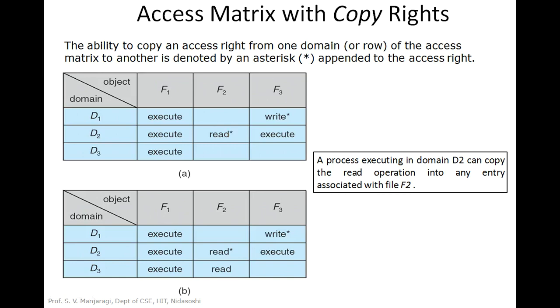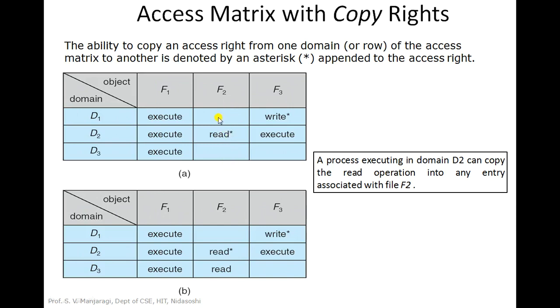It means a process executing in domain D2 can copy this read access right into an entry associated with F2. It means a process in domain D2 can copy this read access right to any location in column F2.